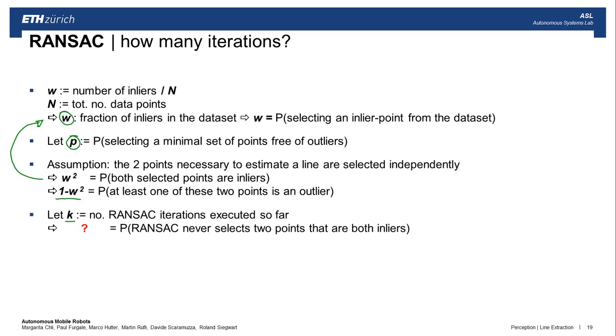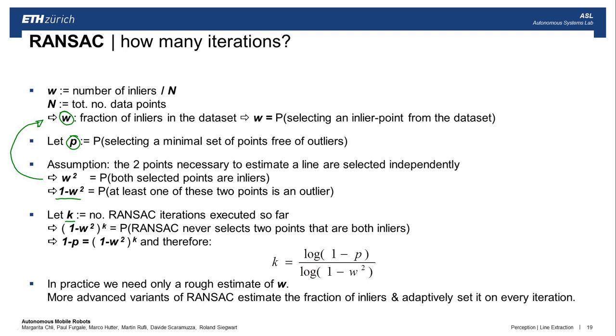Now, let's define K to be the number of RANSAC iterations that have been executed so far. What would then be the probability that RANSAC never selects 2 points that are both inliers? Using the probabilities that we computed before, we can define this to be (1 minus W squared) to the power of K. And if we look back at how we defined small p, we can come up with this expression here.